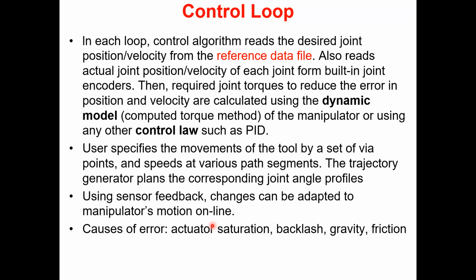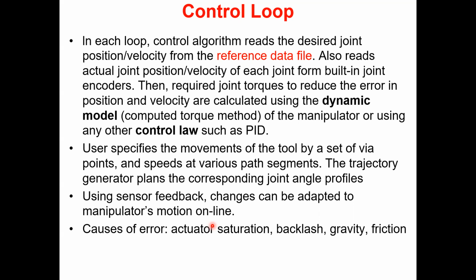That is what these trajectory planning algorithms are supposed to do. They should not plan any incremental change which is more than what the actuators can perform. And if you do that, you will lead to actuator saturation.